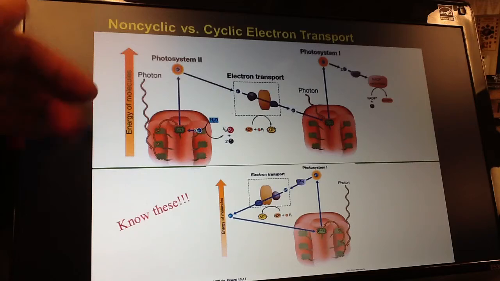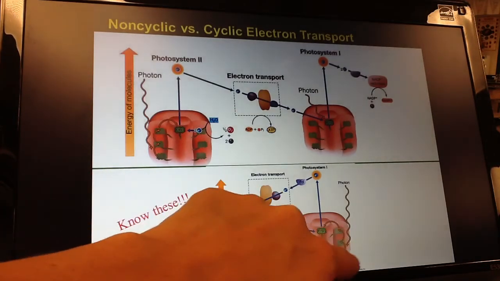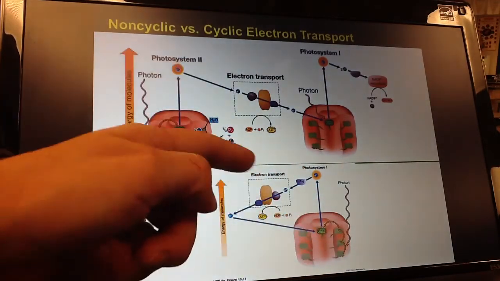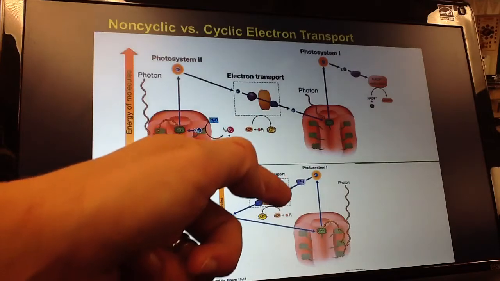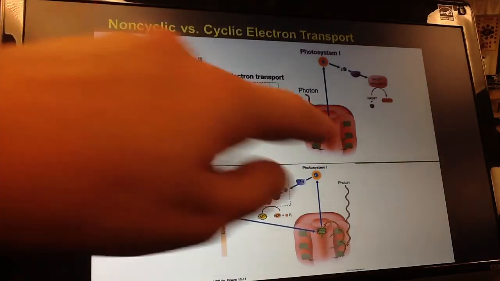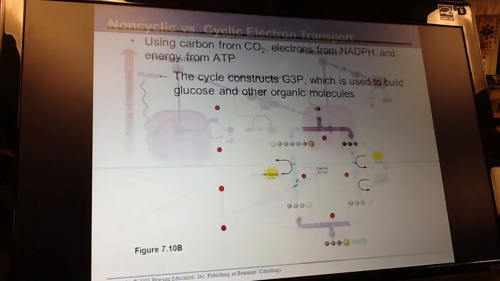If we don't need to go through the Calvin cycle, then we're going to do cyclic. With cyclic, we go from photosystem 1 back to the electron transport chain. Again, we're pumping those hydrogen ions, so we can generate ATP, but we're not donating the electron back to the NADP to make our NADPH, so we cannot enter the Calvin cycle.